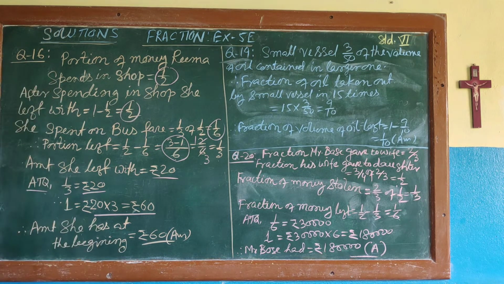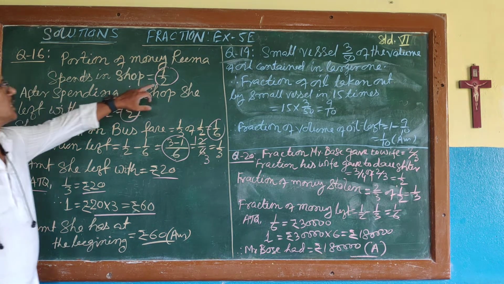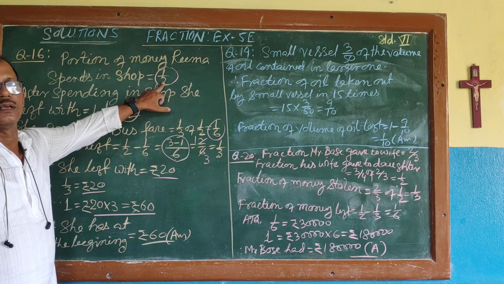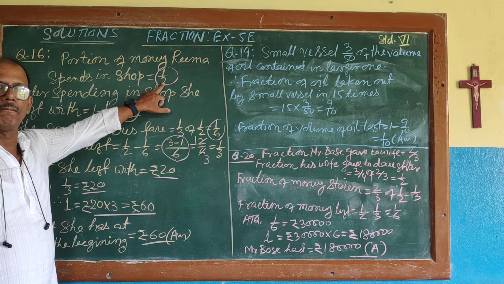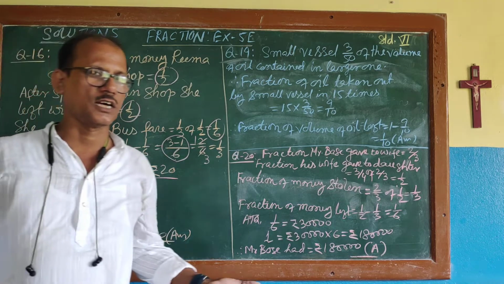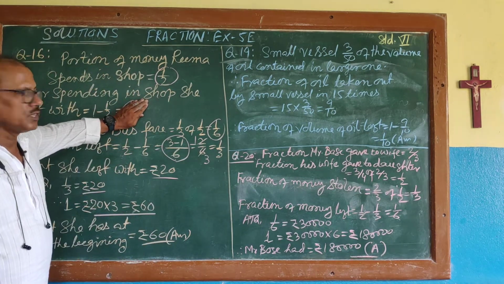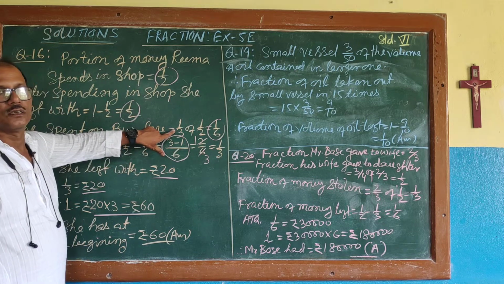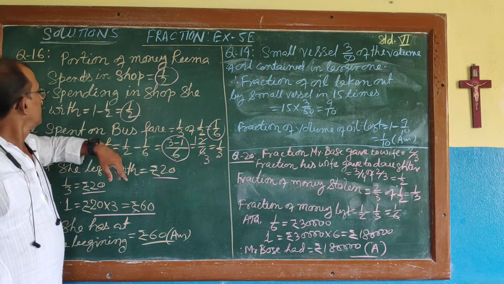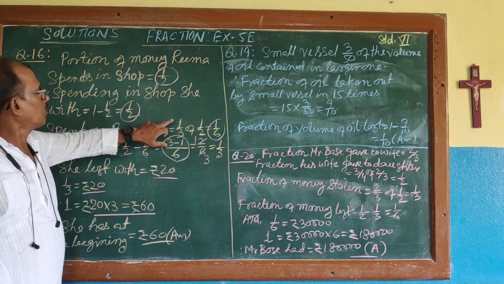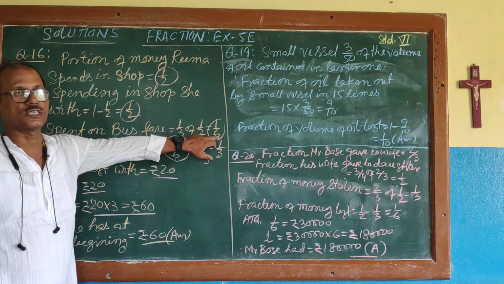I hope you have understood. First, how much she has paid on shopping, that is half. How much is left over? 1 minus half, that is half. Out of the leftover only she spent 1/3. So how much she spent on bus fare? 1/3 of half, that is 1/6.